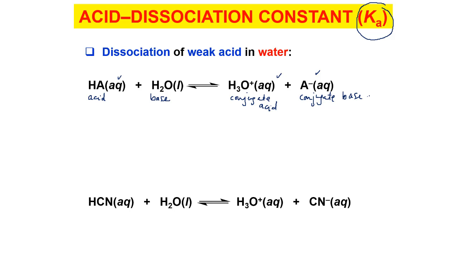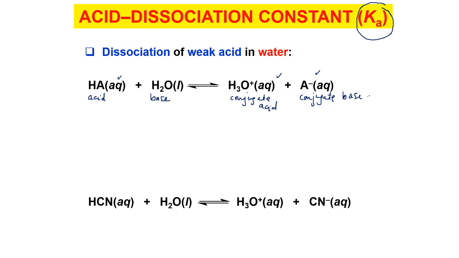To write the Ka expression, the acid dissociation constant, it is more or less the same as writing Kc. Kp is based on partial pressure.